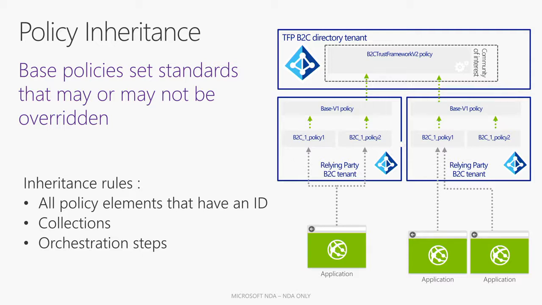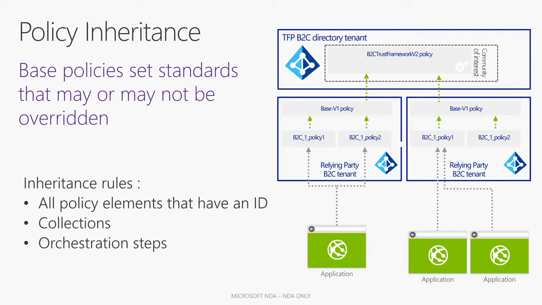For example, one application might want to get some extra claims from a particular identity provider, or an application might need to get additional claims in the token, and it can then start modifying that base user journey, base trust framework policy. It can also modify the base user journeys to change some experience for the user. That's at a high level. I'll go through the XML snippets for each one of those.